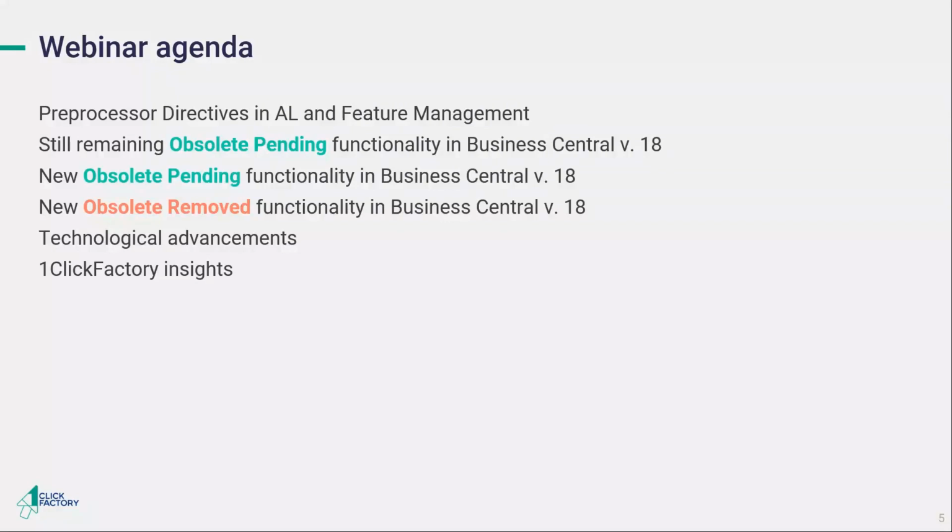Then the new obsolete pending functionality which appeared in the current release, and the obsolete removed functionality which was previously pending and is now removed. So what has been changed? And also the technological advancements Microsoft introduced in this version. Like I said, we will give our insights on what those numbers mean and what is expected in the future.